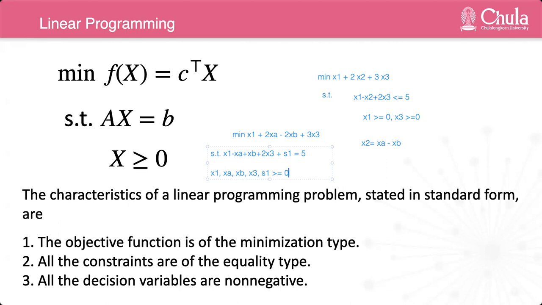You cannot have a negative slack variable. If it's negative, we have a problem, right? We cannot change the less-or-equal to equal.